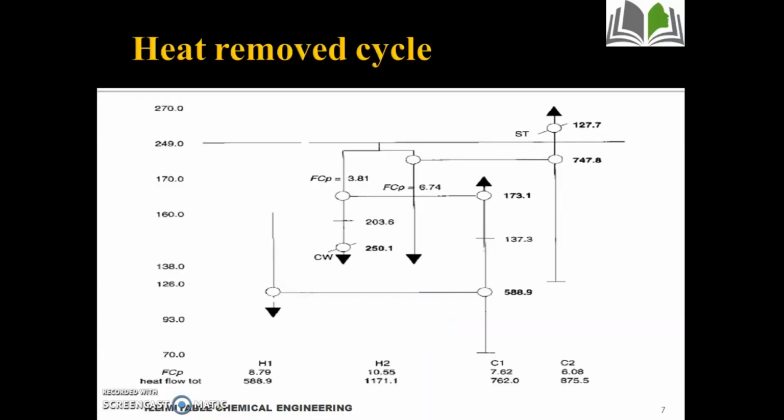So we will not split any ranges in the H1 stream. This is how we can develop this network, and we can calculate this temperature this way. So we have seen how to develop the possible heat exchanger network from the given steps.